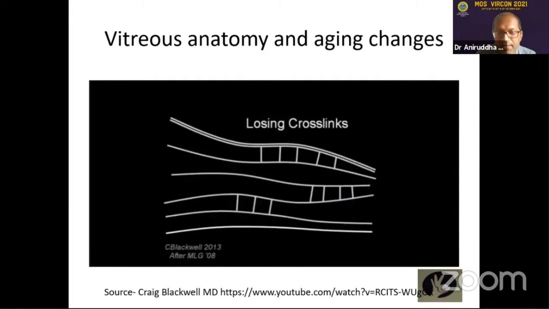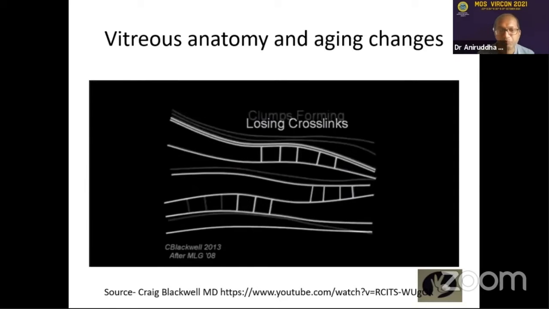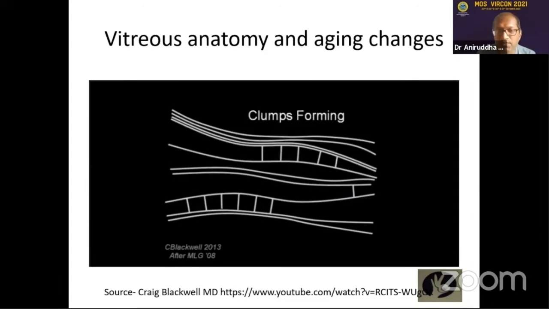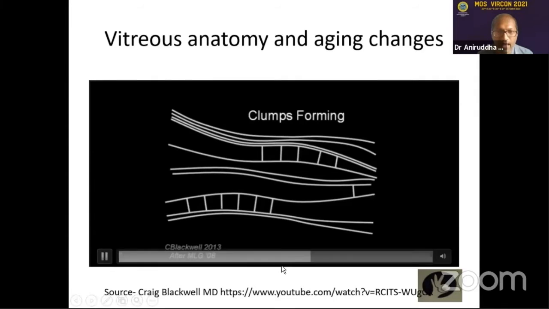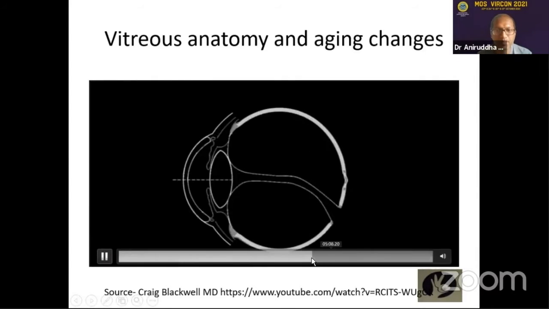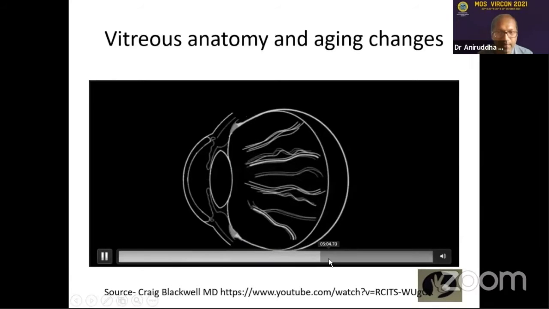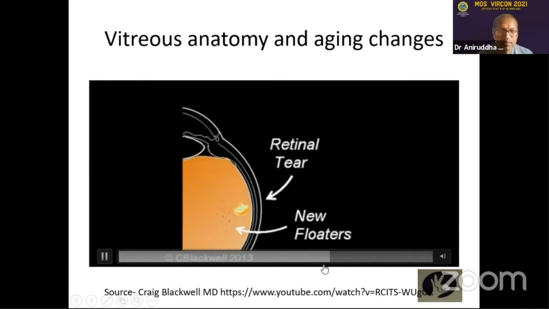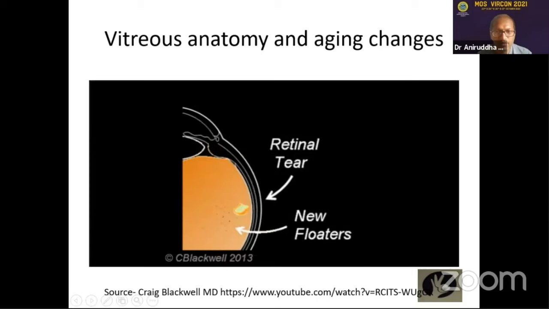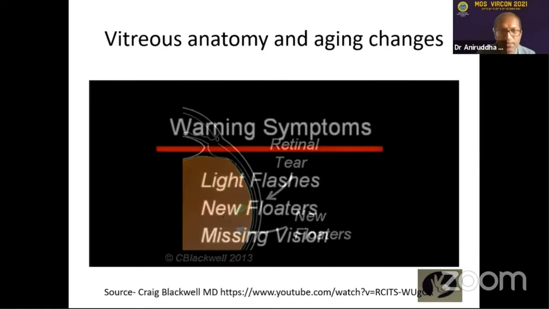We can see that the distance between the collagen fibrils changes and they start to form clumps initially, which gives rise to vitreous floaters. As we age, the number of floaters keeps on increasing. So we can see the number of floaters has increased. And this is associated with vitreoretinal interface disorders.